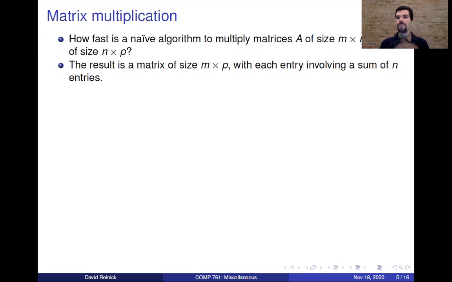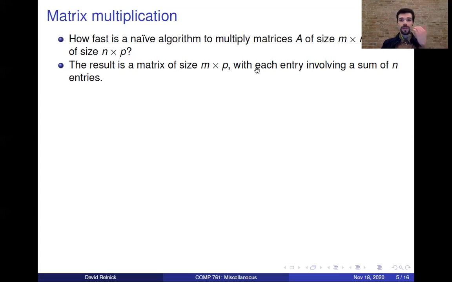So the result is a matrix of size m by p, definitely. And each entry of that matrix is going to be a sum of n terms, because in order to calculate each of those entries, you're basically computing the dot product of two size n vectors, a column and a row.